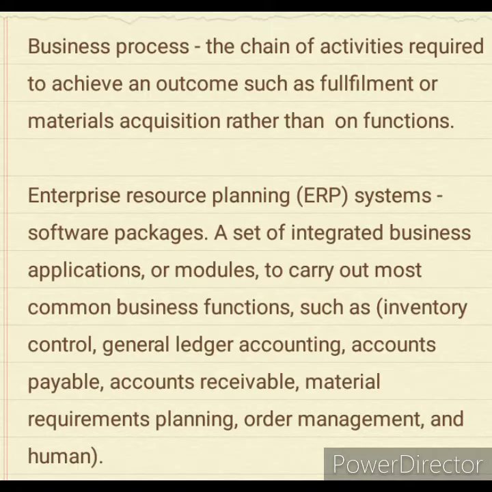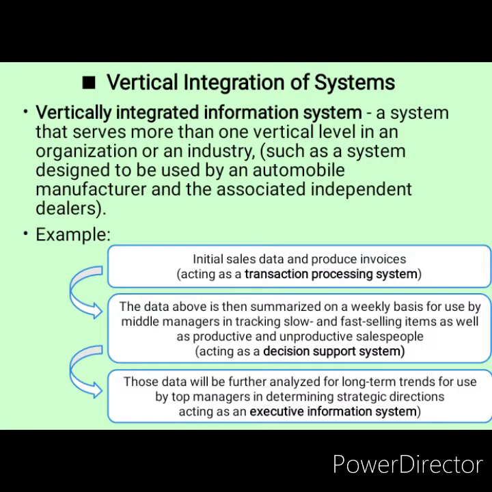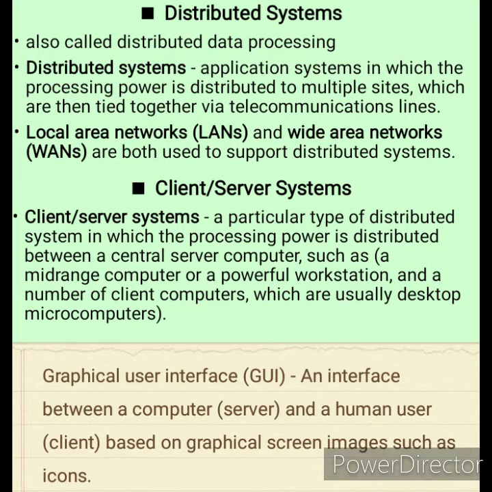Next is vertical integration of system. A vertically integrated information system is a system that serves more than one vertical level in an organization or an industry. Next is distributed system. It is also called distributed data processing.